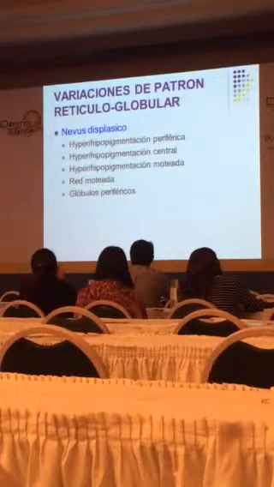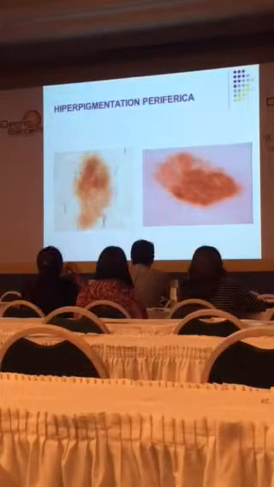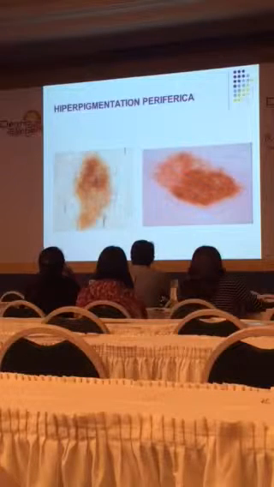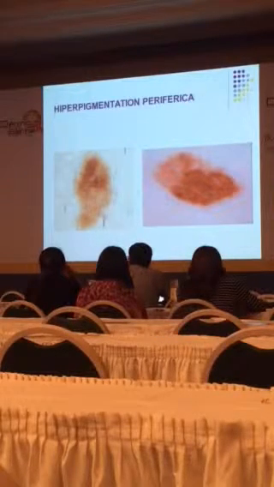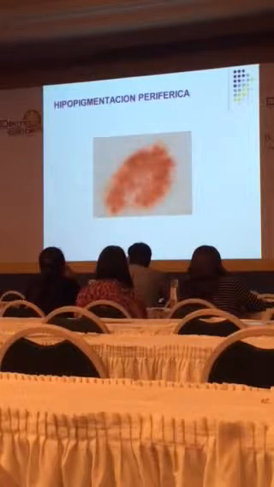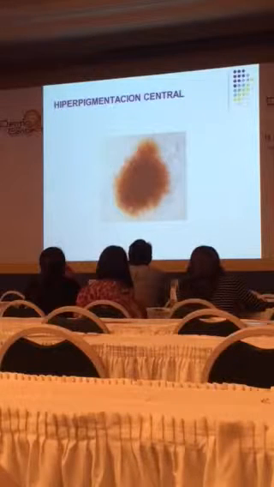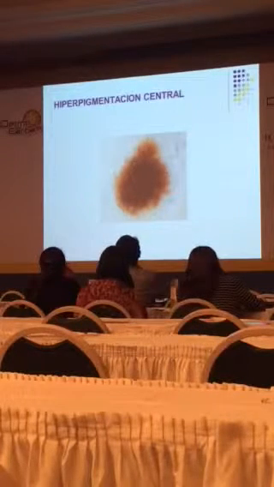And then you can have variations of these patterns in so-called dysplastic nevi, but they are still benign. Here we have peripheral hyperpigmentation, or hypopigmentation, or a central hyperpigmentation with a little bit lighter network on the sides.